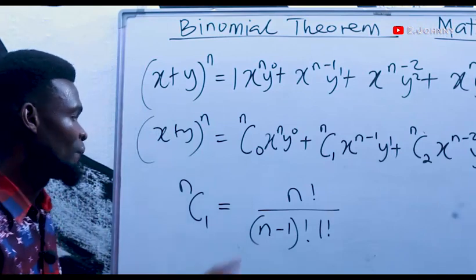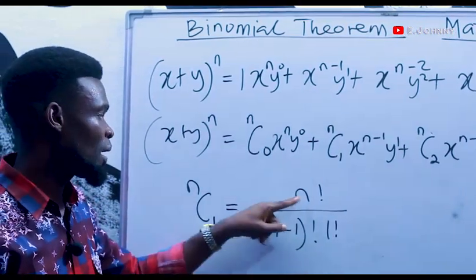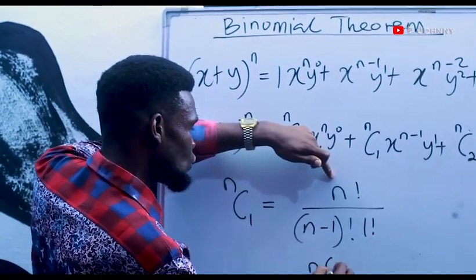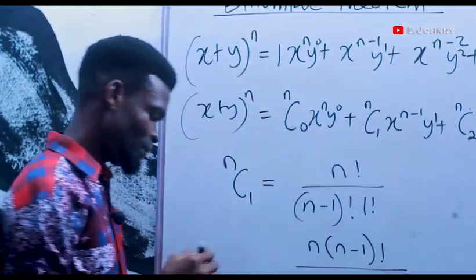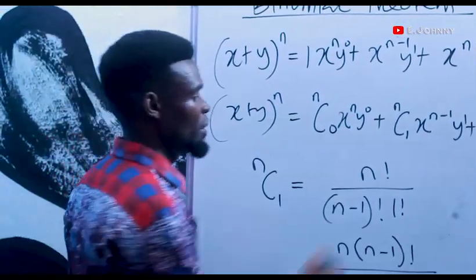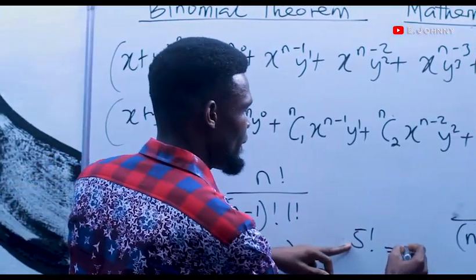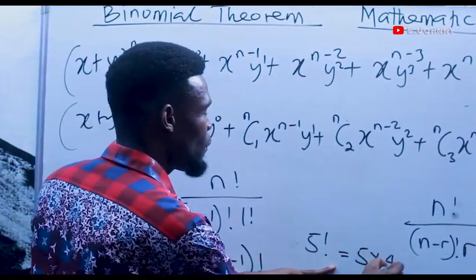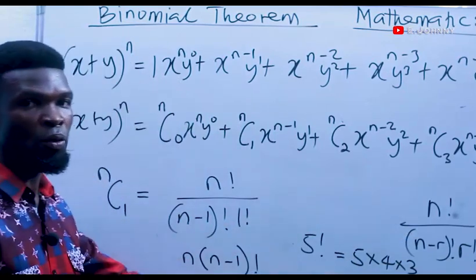since I have n minus 1 factorial at the denominator, I can write n factorial here as n into n minus 1 factorial. How? Remember, if I have 5 factorial, this is going to give me 5 times the next number, 4, times the next number, 3. It keeps reducing by 1.